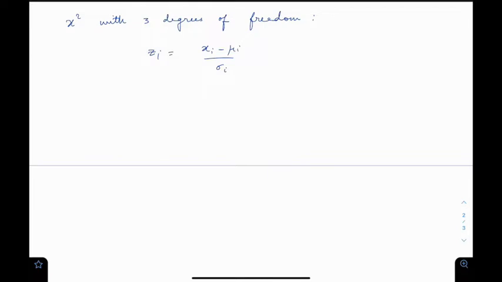And we define r square equals the chi-square variable, which is z1 square plus z2 square plus z3 square.